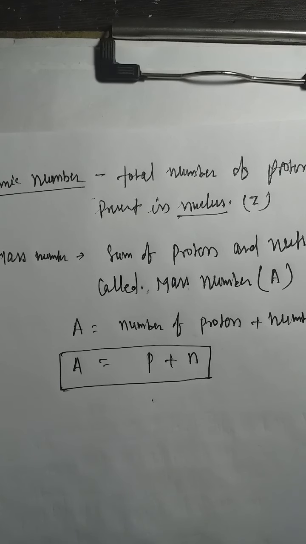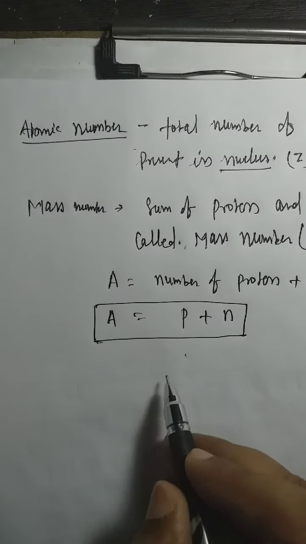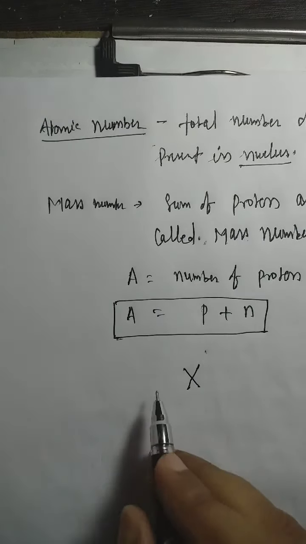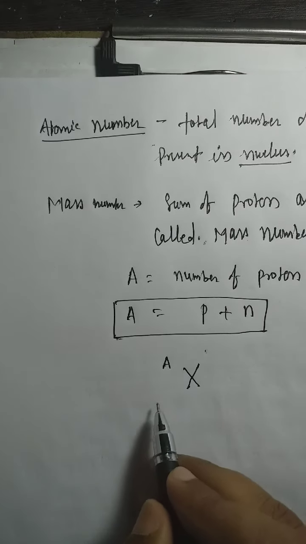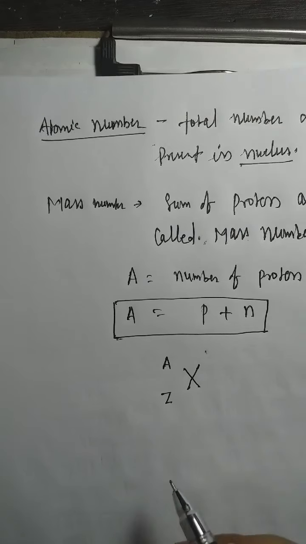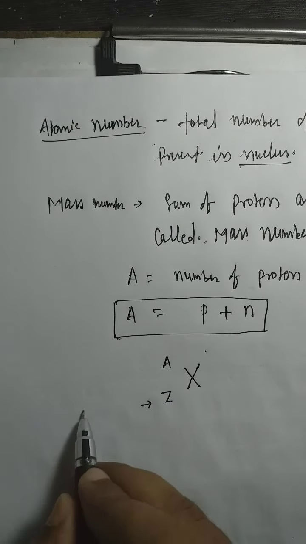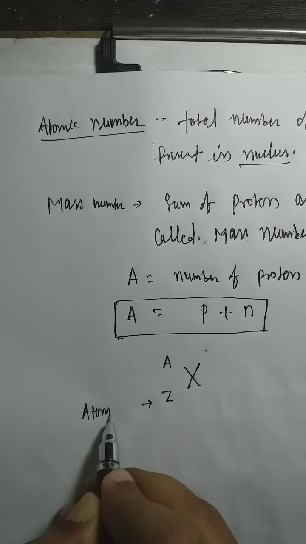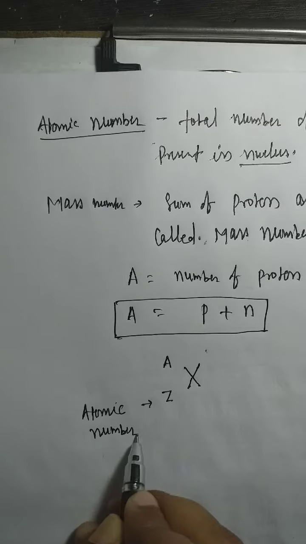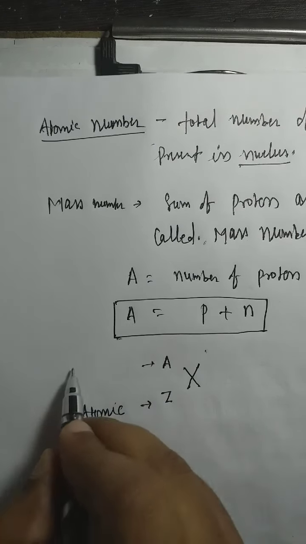inside an element. Normally the symbol of an element is X, where on top we write A and on the bottom portion we write Z. Z is our atomic number, and the upper portion is known as the mass number.